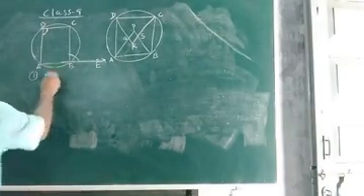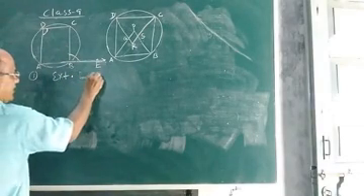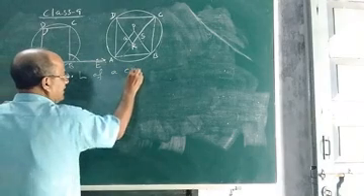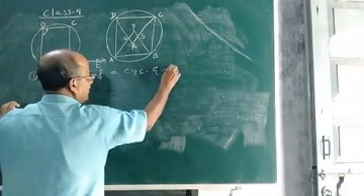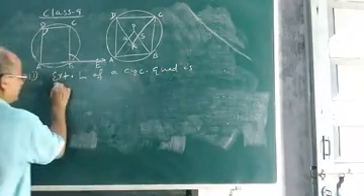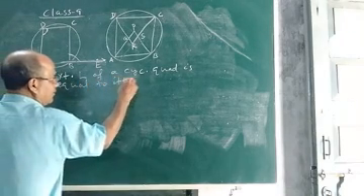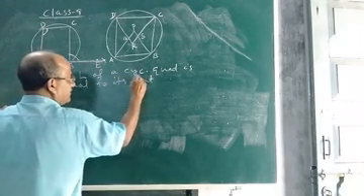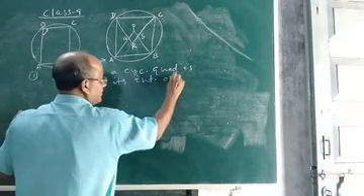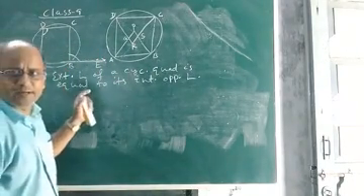So, I am writing the property: exterior angle of a cyclic quadrilateral is equal to its interior opposite angle. So what is the meaning of this? Let us prove it geometrically.